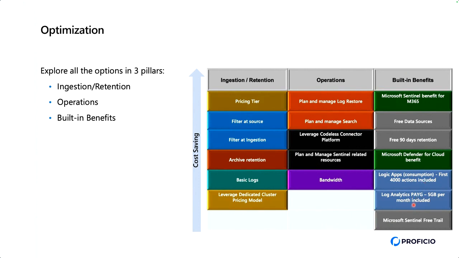So some enrichment or other playbooks which you can execute on a daily basis will cost you nothing. Also, you need to plan and manage for log restore and log search.